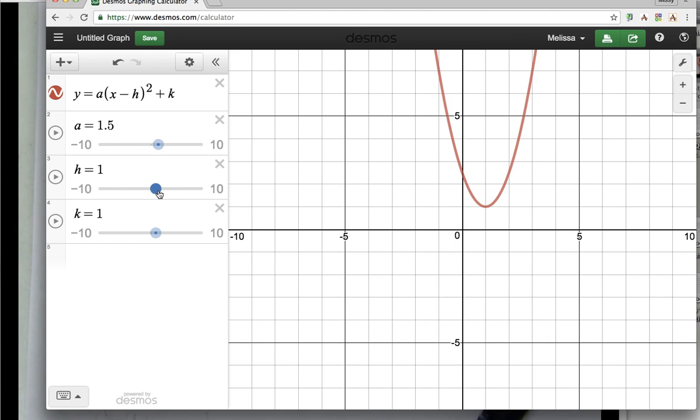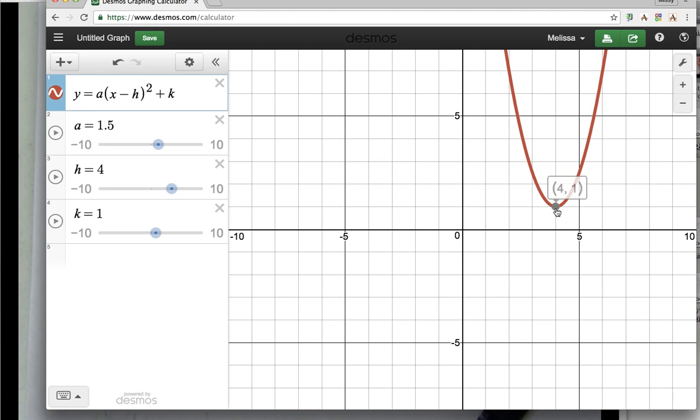Okay, what does h do? Let's try. Oh, that's interesting. So h is literally just a horizontal shift factor. So what would it be? h equals 4.